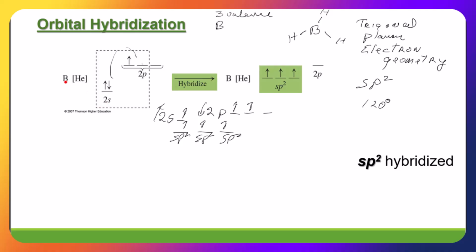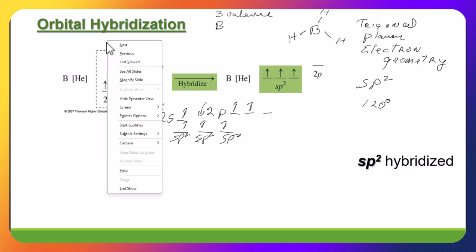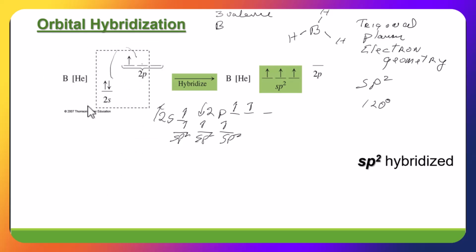You've got boron here, and you've got 2s2, 2p1. This is the electron configuration for boron, 2s2, 2p1. It's atomic number 5. And we're going to hybridize that. So just like we did for beryllium, we're going to add some energy to one of the electrons that's in the 2s.